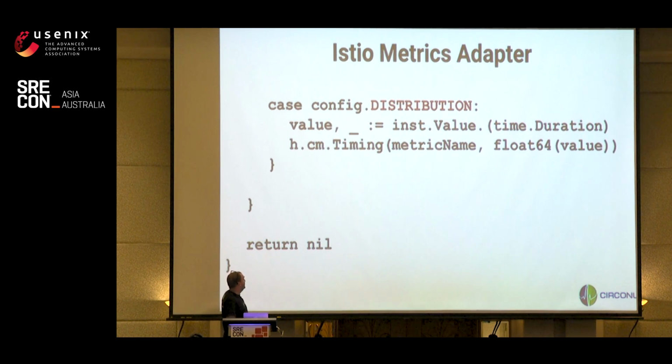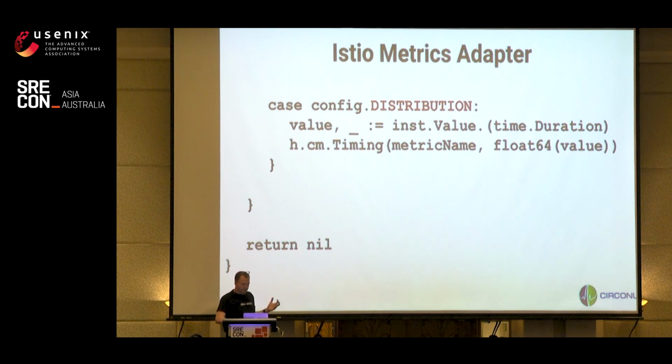I don't know, maybe 20 lines or so, if that. H.cm uses that log linear histogram implementation under the hood that I showed earlier, so that when we record a distribution, it stores it within a histogram structure in the telemetry client.